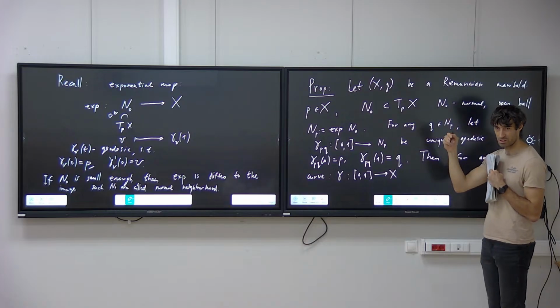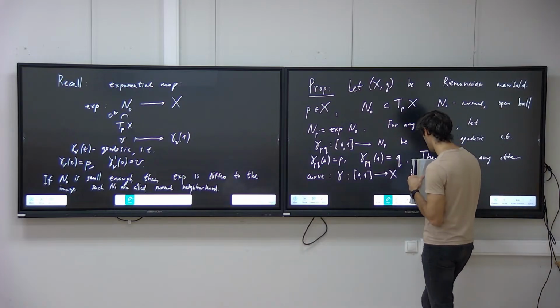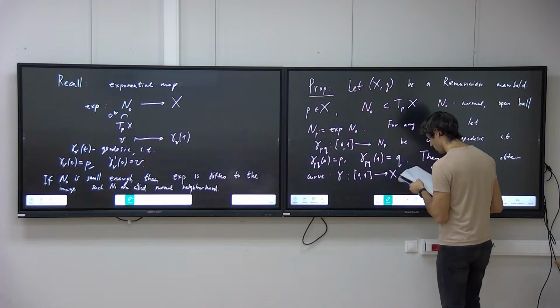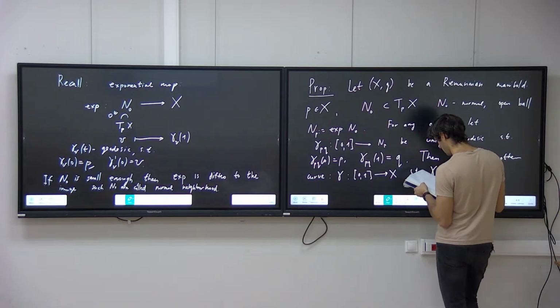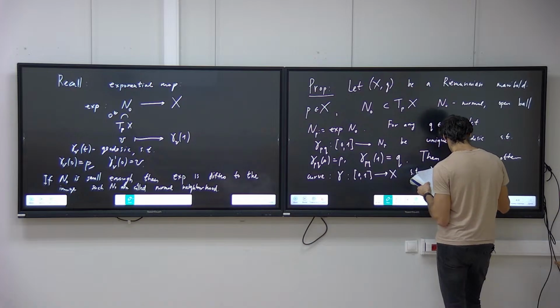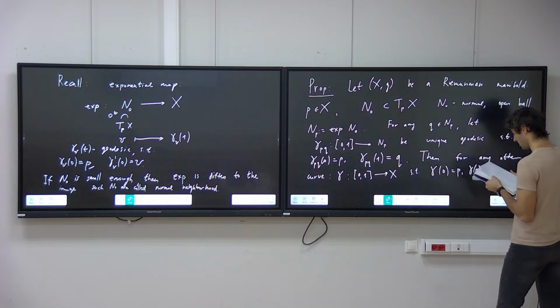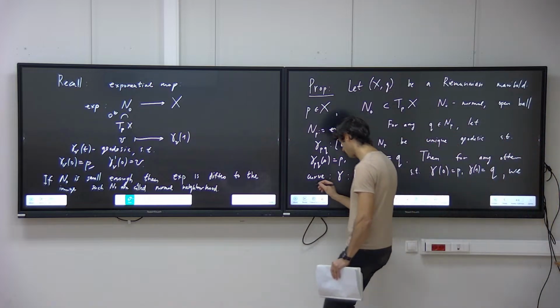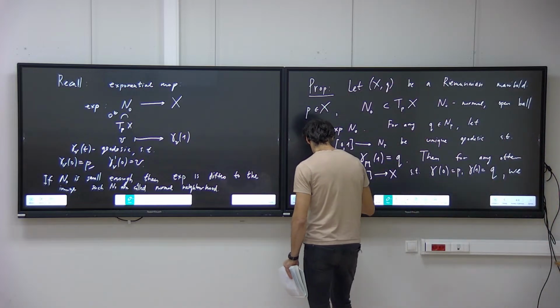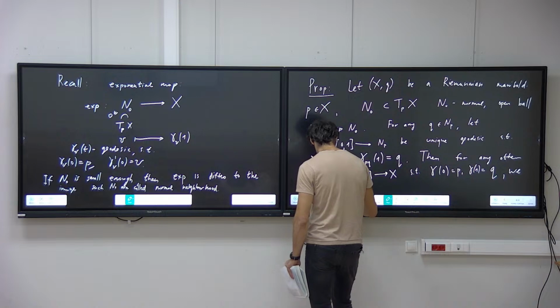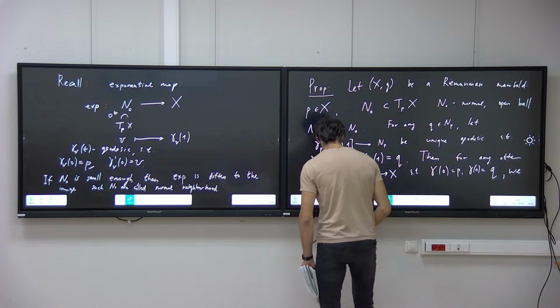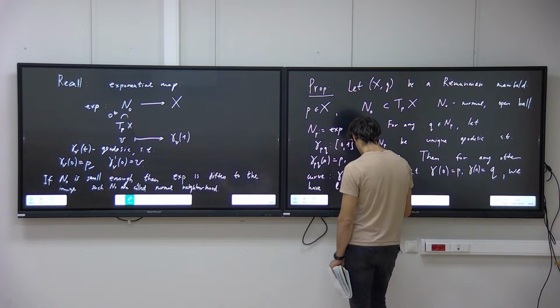It can go outside and then go back. Such that gamma(0) is P, gamma(1) is Q, we have L of gamma is greater than or equal to L of gamma_PQ.